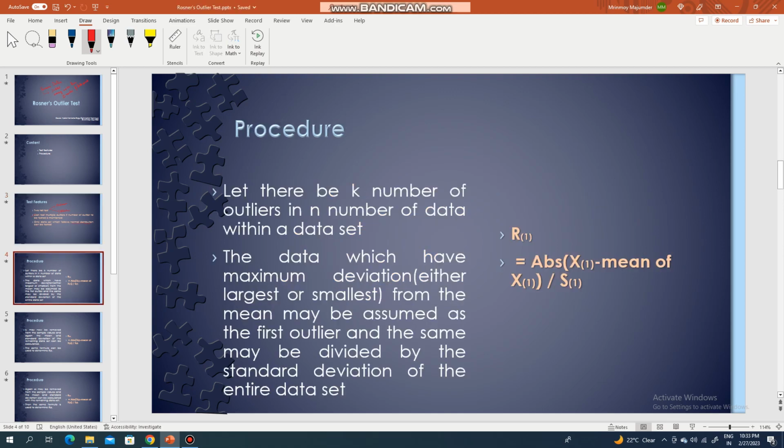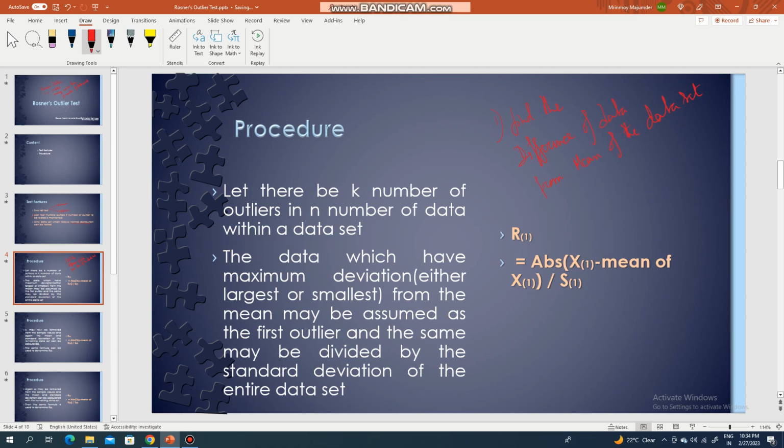So what is the procedure? The procedure is very simple. Suppose you have a dataset having 25 data points. The first step is that you find the difference of the data from the mean of the data set. So first calculate the mean, then find the difference of each data point from that mean.